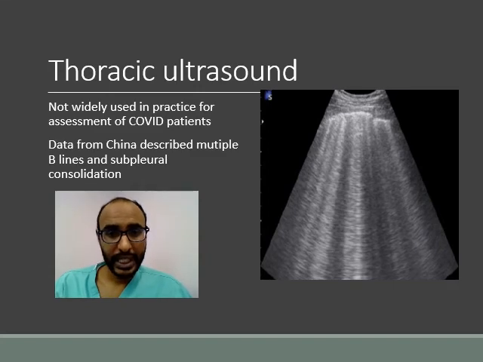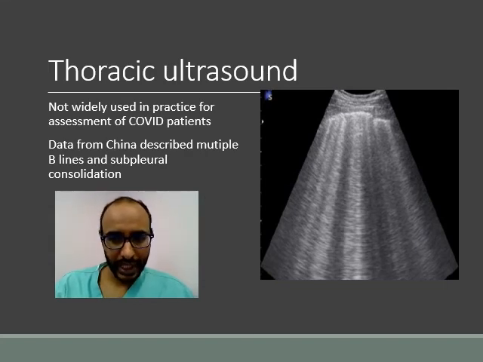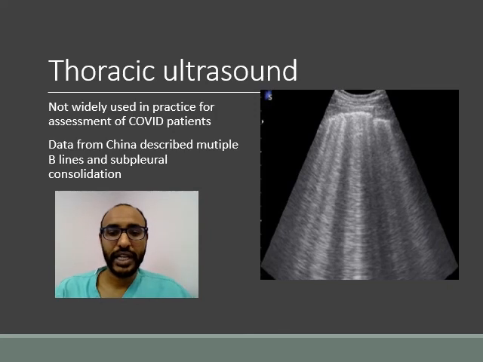Thoracic ultrasound ما بتستخدم كتير في ال assessment of COVID-19 patient, and mainly because أول شيء it will be time consuming لأنك you need to do different views, so it will take longer time لما تغير بالكيس اكس راي أو حتى يوم بالسي تي سكان. الحاجة الثانية إنه when you do thoracic ultrasound this needs prolonged direct contact with the patient, this will increase the risk of infection.